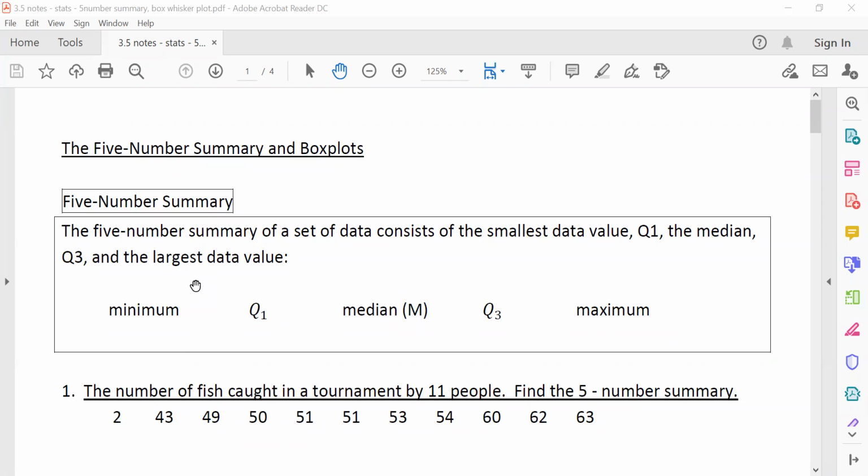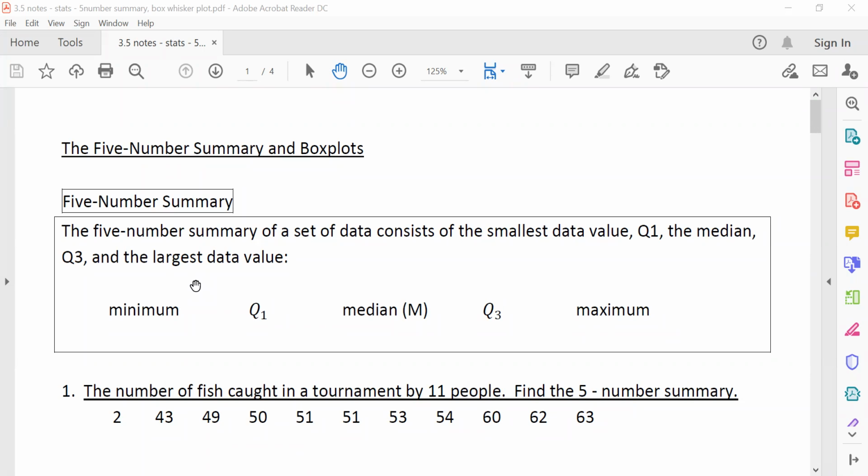Okay, so we're going to finish up chapter 3 here finally, which is good to see. One of the things we've been really concerned with in chapter 3 is displays of data. That's really just been it for us.